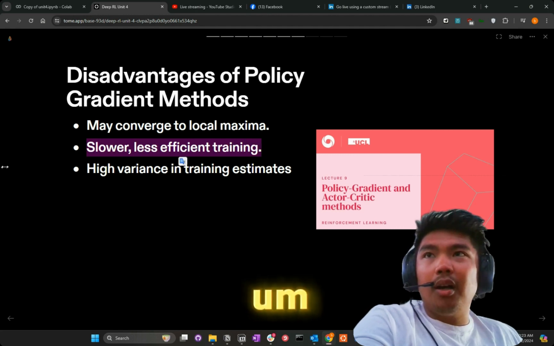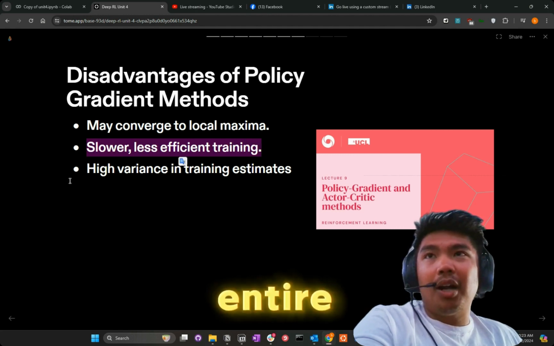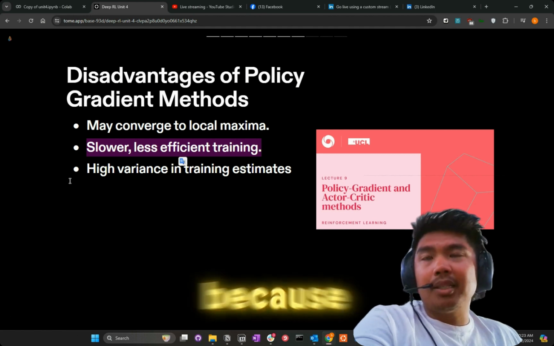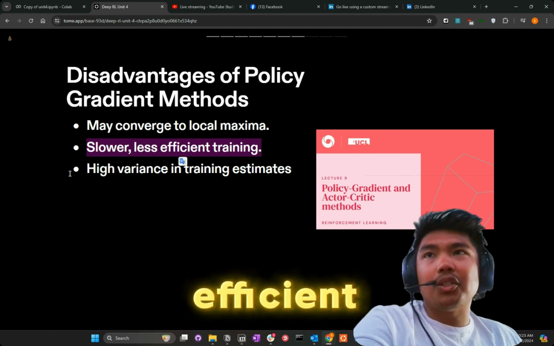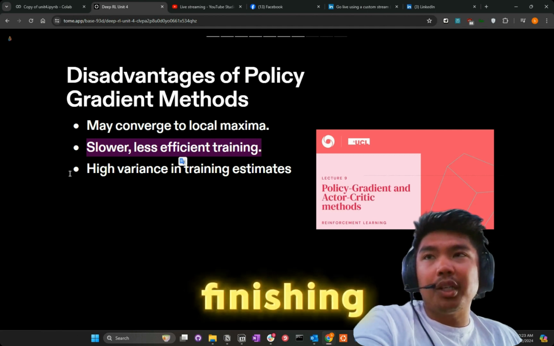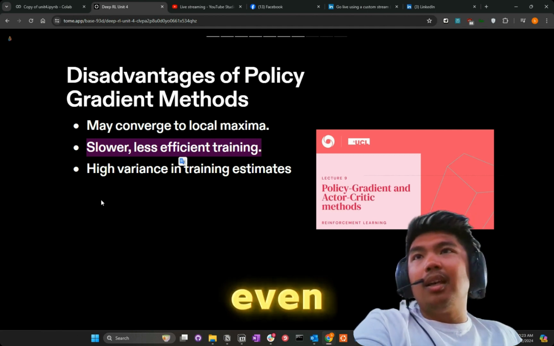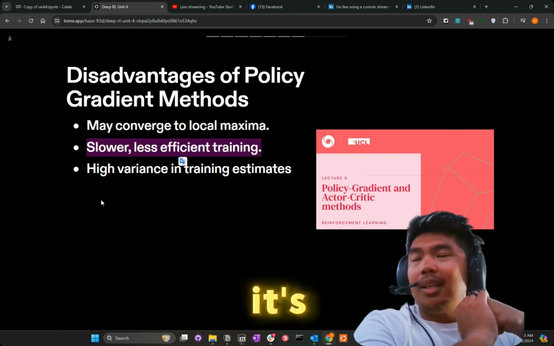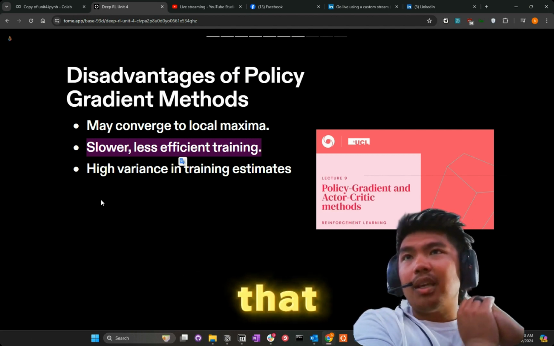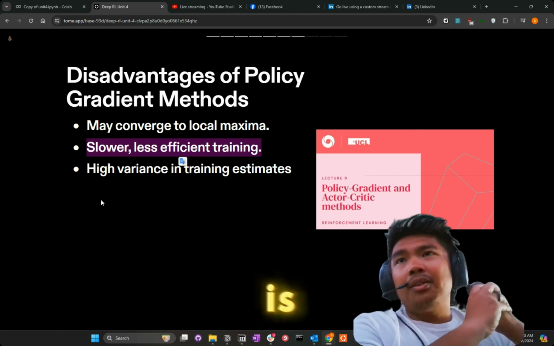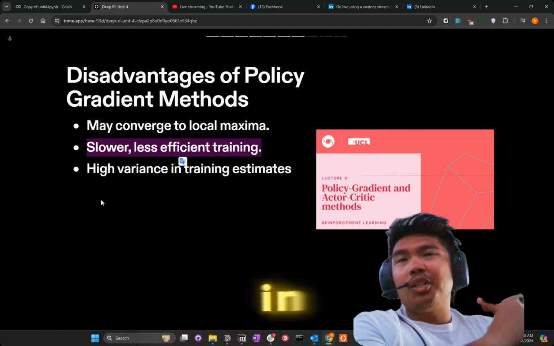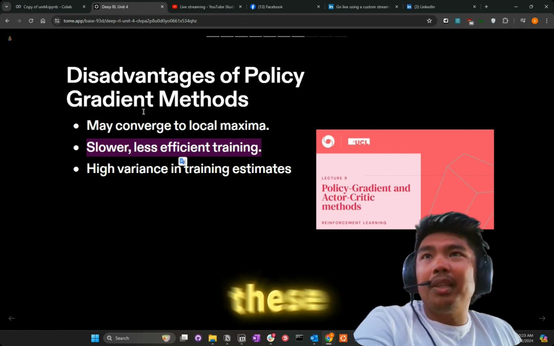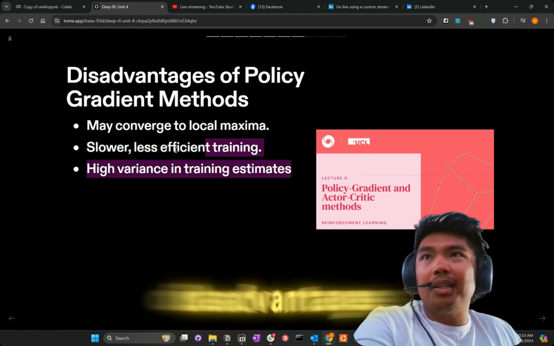As you saw, you have to go through the entire episode before you optimize your parameters. Because of that, it is less efficient, since you have to keep finishing episodes to even try a different set of parameters. And there is potentially high variance in training estimates. More to follow on that, but these are just the high-level disadvantages.